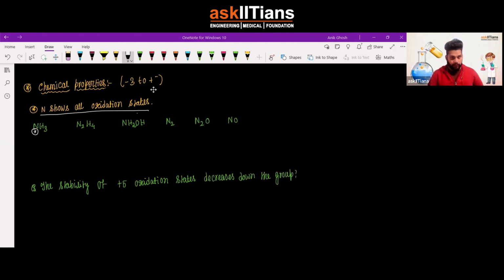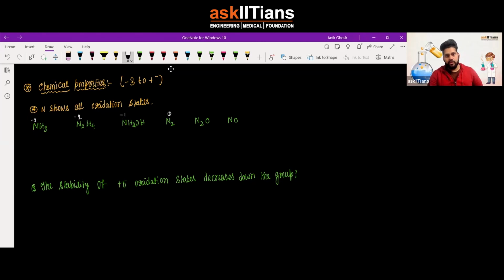Okay, so I believe all of you have done it. Now, if I try to find out the oxidation state of all the nitrogens over here, starting with this would be -3. This should be -2, then +2, -2, -1. Correct? Check it, guys, whether it's matching with your answer or not.